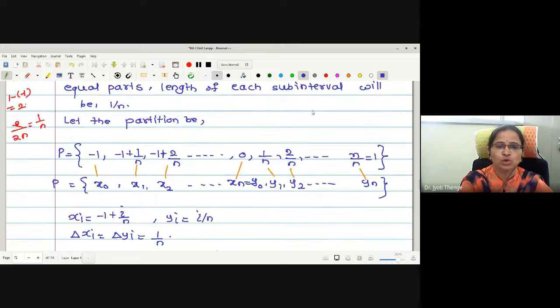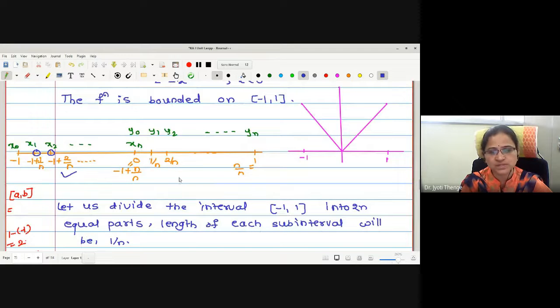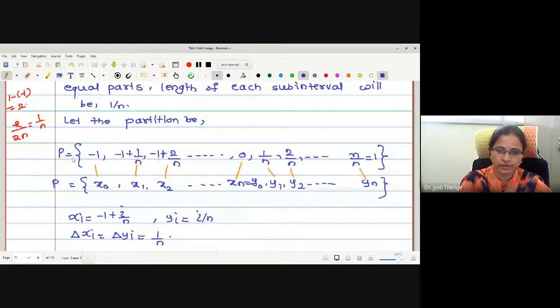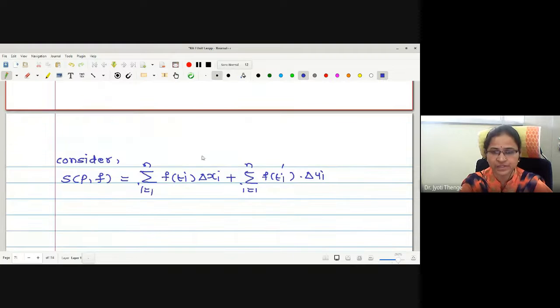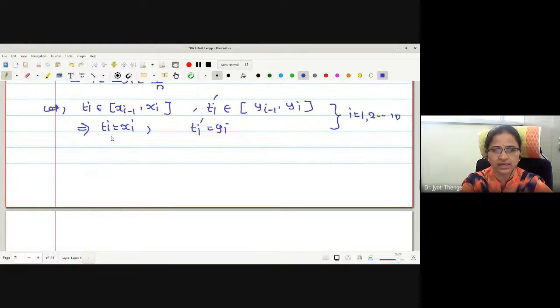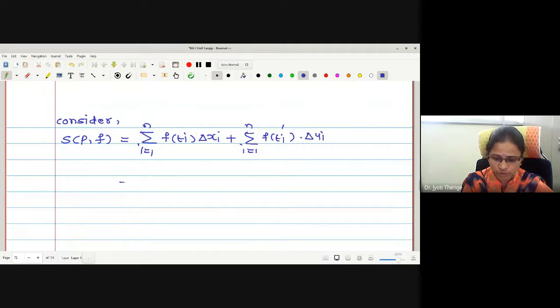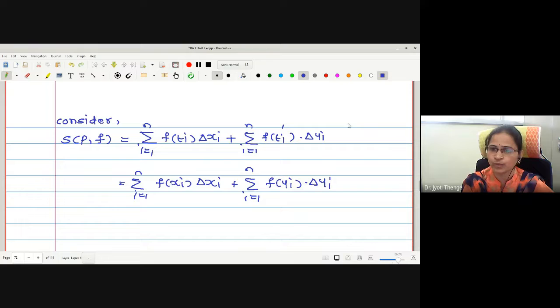That is 2 different sums we have written for 2 different parts of the given interval. Is it okay? What is t_i dash we have selected? y_i. t_i is x_i. Let me put both the values. This is f of x_i delta x_i plus summation i equals 1 to n f of y_i into delta y_i.